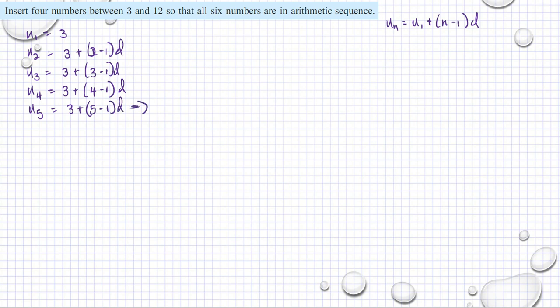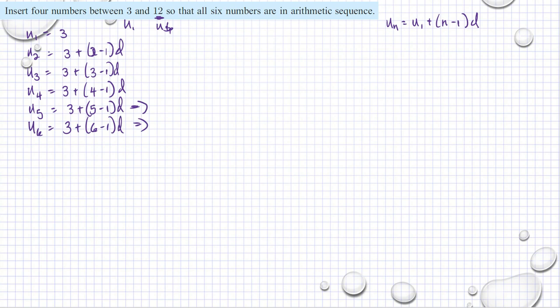This is u sub 1 and then u sub 5. Why? U sub 6, we need to insert. Okay, u sub 6. So u sub 6 is equal to 3 plus 6 minus 1 times d. Then we have the value of that.